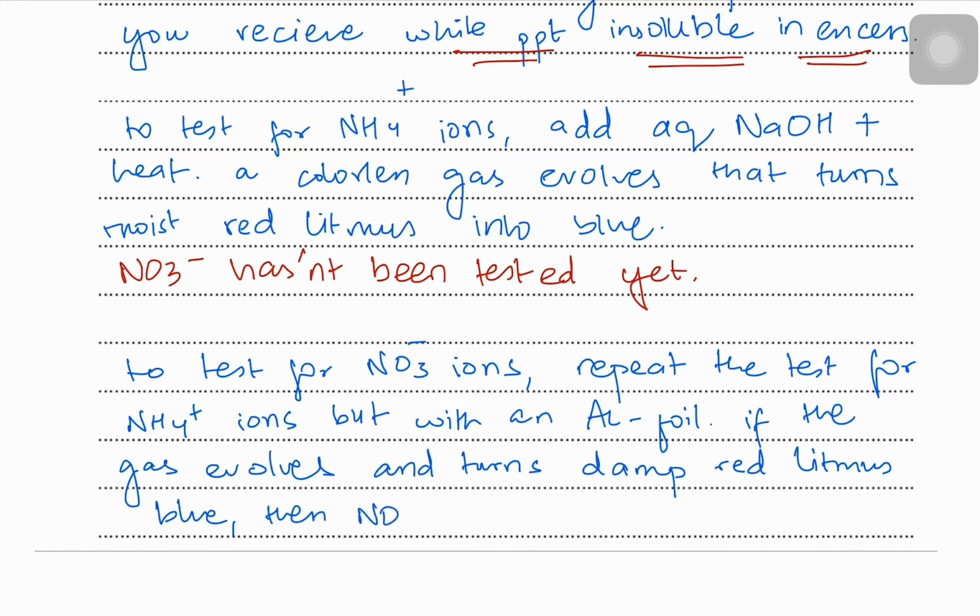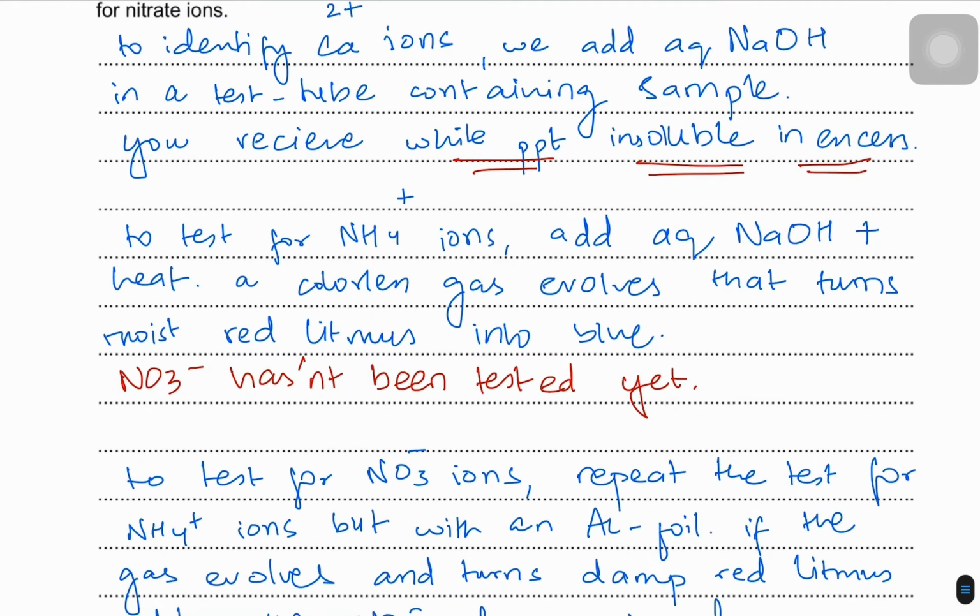then nitrate also confirmed. I hope you guys are making sense of it, because calcium ions in the beginning make precipitates with sodium hydroxide, which are calcium hydroxide. So aqueous calcium ions with sodium hydroxide make precipitates. Ammonium ions were tested with sodium hydroxide.